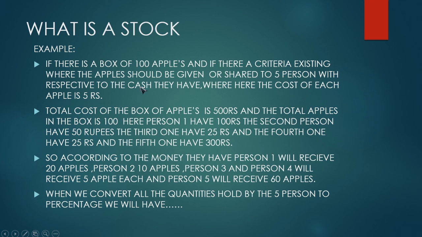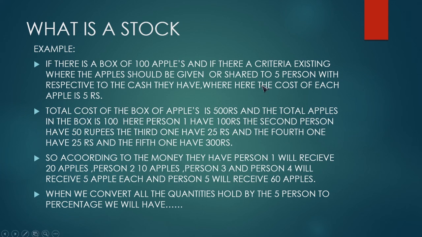These 100 apples should be distributed to 5 different persons with respect to the cash they have in their hand. That is, if a person has a higher amount of cash in his hand, obviously he will receive a higher quantity of apples, and if the person has a lesser amount of cash in his hand, then obviously he will receive a lesser quantity of apples.